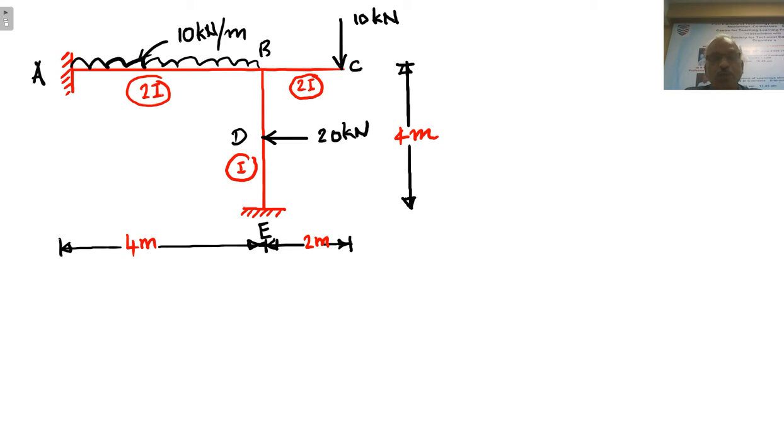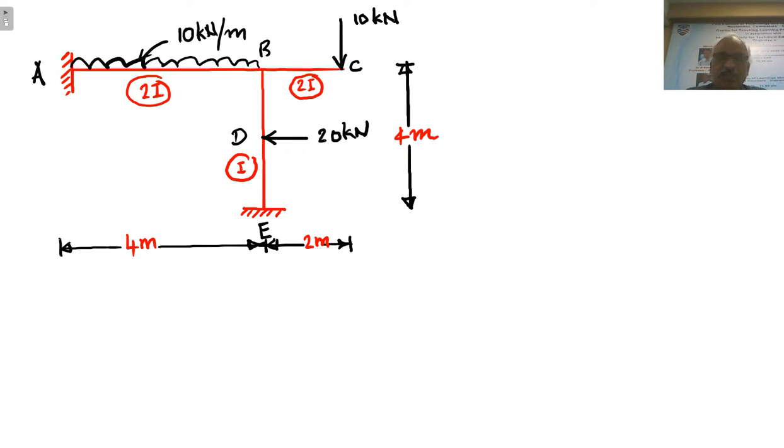AB is subjected to a UDL of 10 kilonewton per meter over the entire span. And column BE is subjected to a lateral load acting from right to left. Moment of inertia of member AB is 2I, of member BC is 2I, and of member BE is I. So that's about the details of the problem, right?